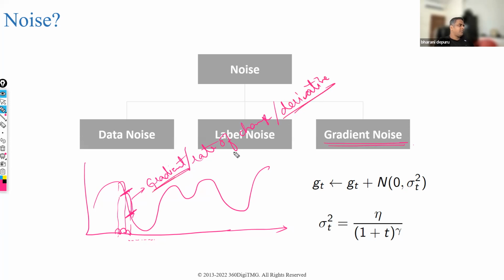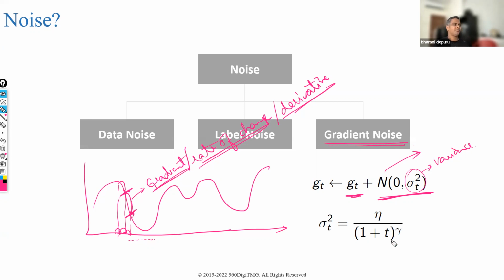Once you get that gradient value or rate of change or derivative, add some noise to it. Take your gradient value using your normal distribution. This is called the Z normal distribution, right? Standard normal distribution, wherein mean will be 0 and standard deviation will be 1. But here the variance is written as eta divided by 1 plus t, raised to gamma.